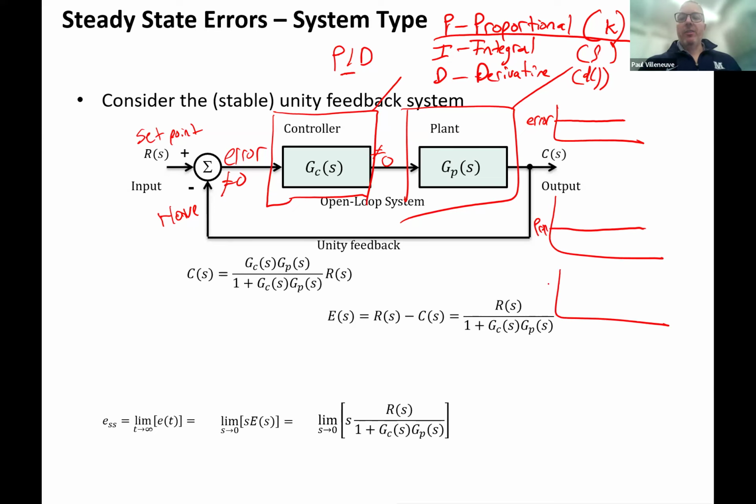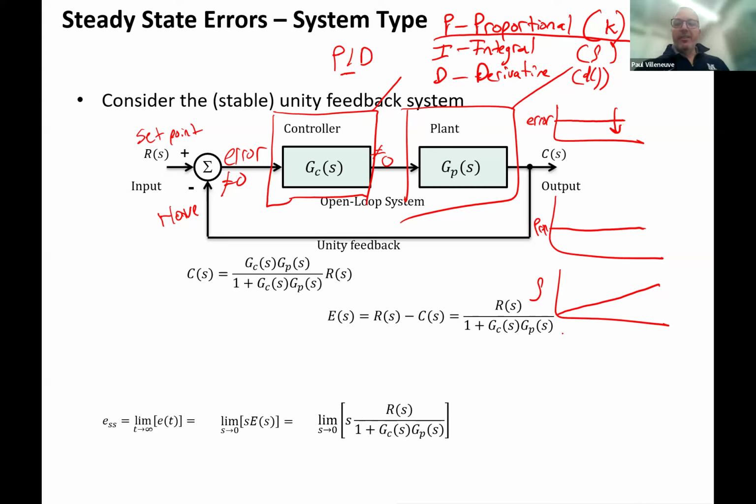What does my integral do? It integrates up, doesn't it? As my error stays, I keep integrating and integrating until hopefully my error goes to 0. So by adding the integral controller, you actually have a system that will give you no error. In most cases, if a step input is what you want for a set point, then you're feeling pretty good.